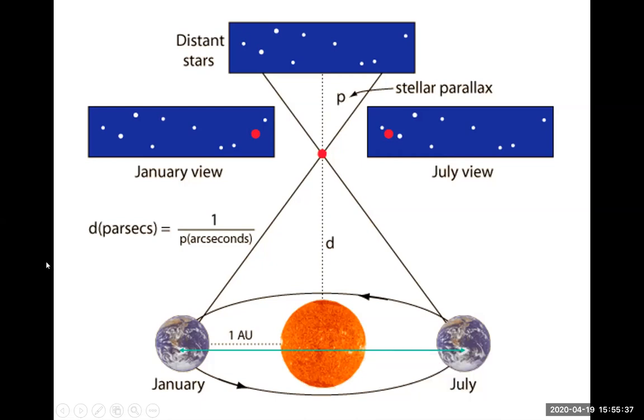Now, as a weird subtlety, this equation is very biased towards the units that it produces and the units that it accepts. Specifically, this angle P, the angle that the star appears to jump as seen on the celestial sphere, needs to be input in arc seconds. And therefore, the output of the function, the distance d, is going to be in units of parsecs.